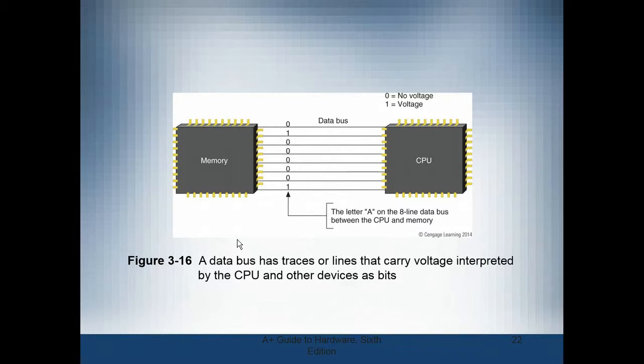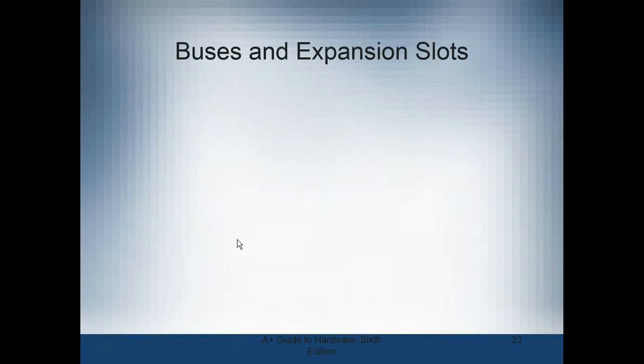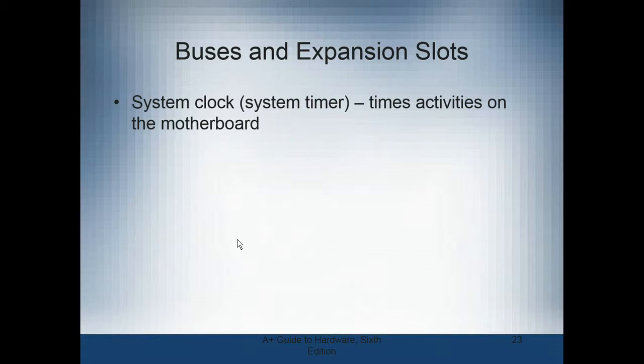The letter A on an 8-bit line represents in binary the letter A. So how much information we can send is a function of how big the bus is. And sometimes you may hear that called the word size. How much can it send at any one time?